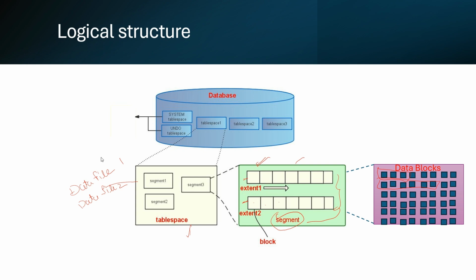So for you to get to the data, let's say the client sends a request, it has to go through the segment, extent, to the block. Is that how it travels to query the data?